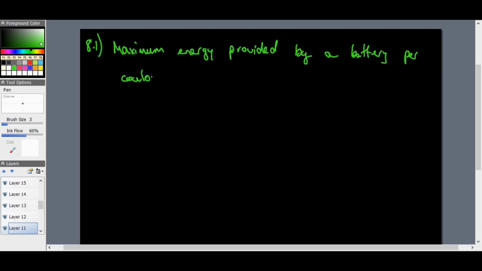Am I spelling coulomb right? Yes. That is the EMF of a battery. If you don't know this definition, please take it down. It will most likely come up.